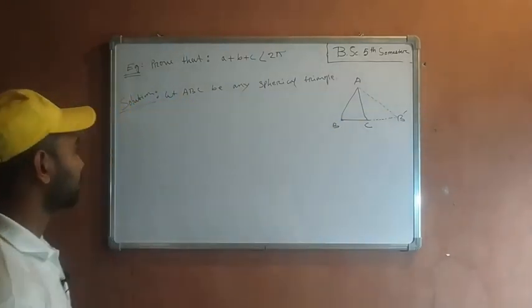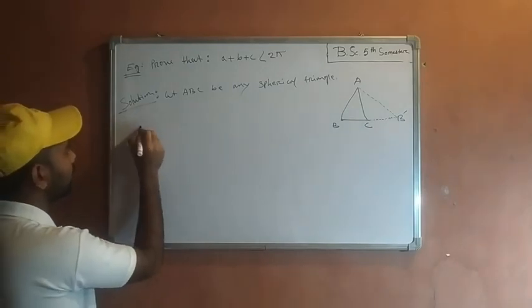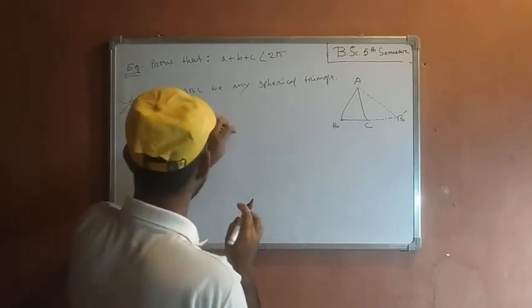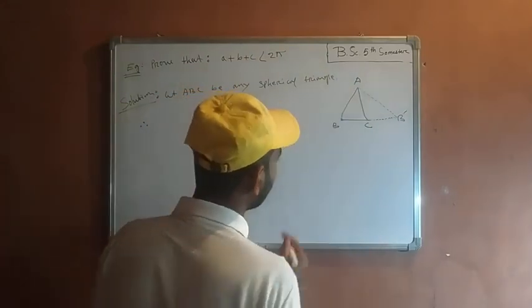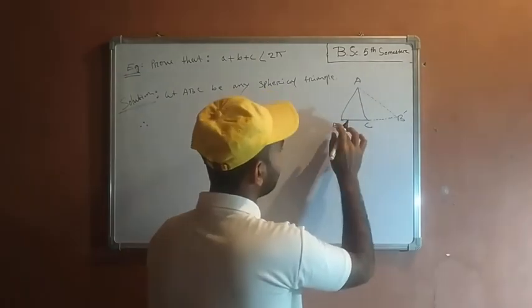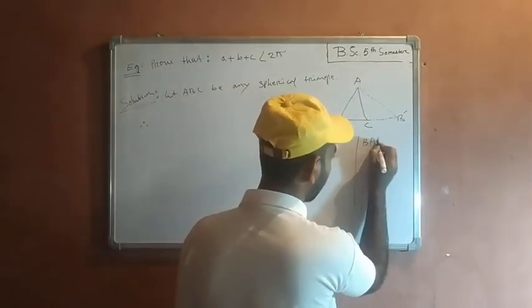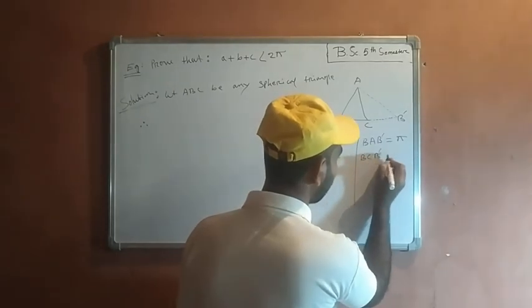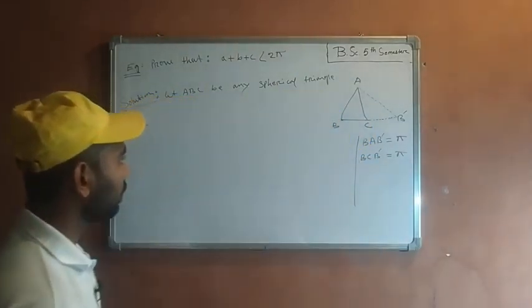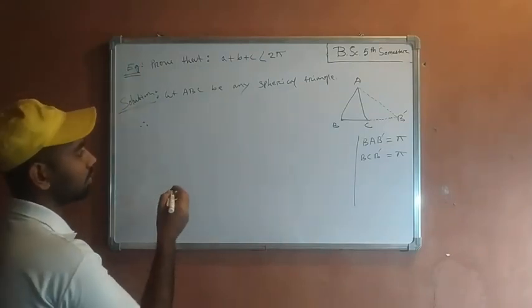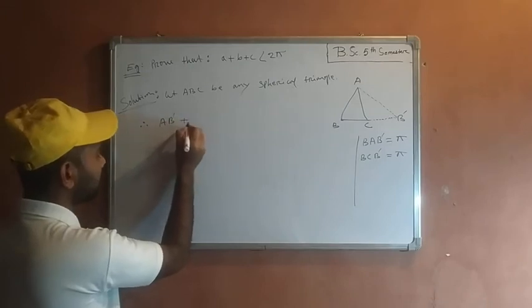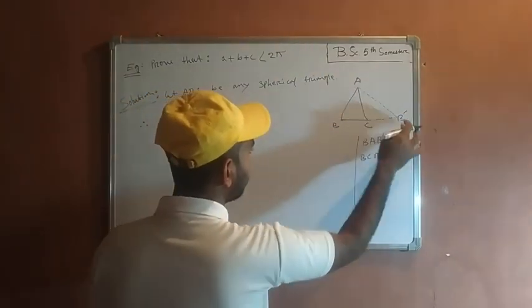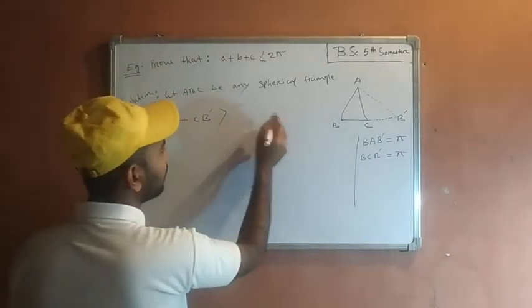Therefore, at first we need to know that BAB dash equals pi and BCB dash equals pi. Therefore AB dash plus CB dash is greater than AC.